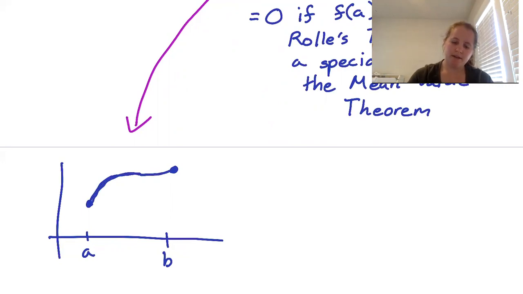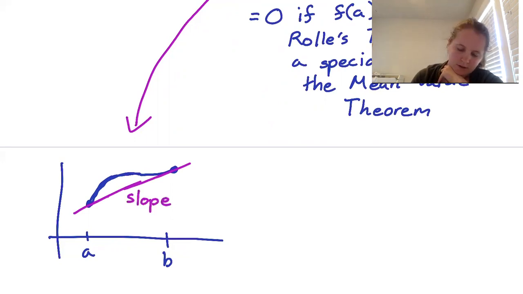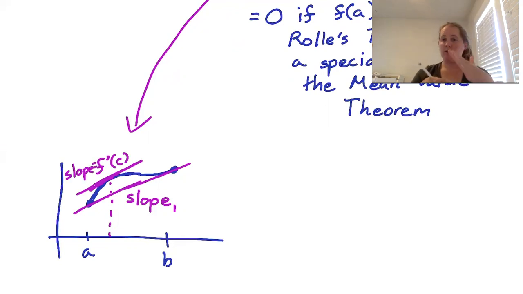Basically, what we're saying is if we find the slope of this secant line, that this slope should match the slope of some tangent line for C. So if this is slope 1, and then this is f prime of C, our slope. There is some point between A and B where those two lines are parallel.